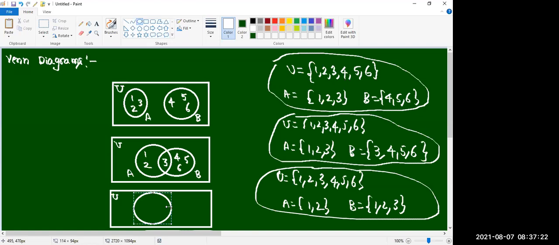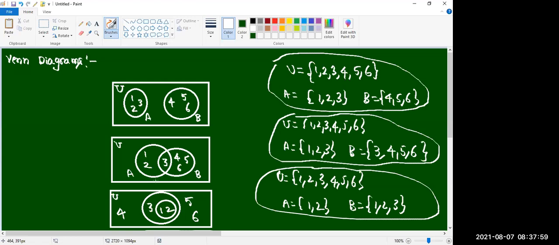A is a subset of B. A is inside B. 1, 2 is there in A, and 1, 2, 3 is there in B. 4, 5, 6 are outside of these 2 sets. It is like this. Got my point? For the third one, the relation between sets is denoted by such type of diagrams.